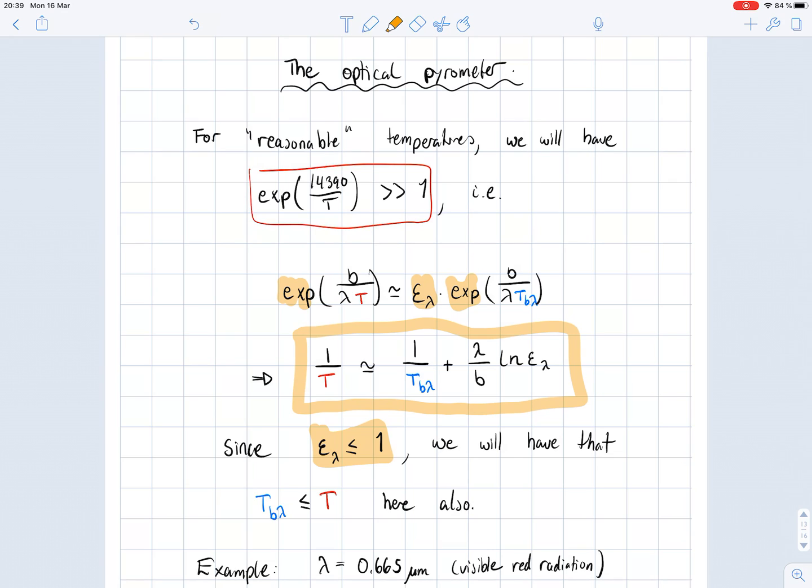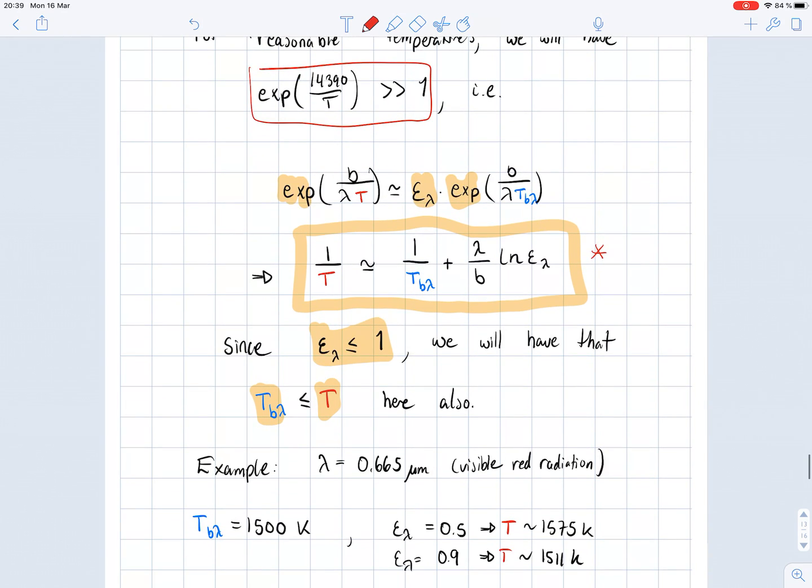And this will result in Tb lambda, so the temperature that we are reading off the instrument, again being smaller than the true temperature of the surface. Have a look at this one if you don't trust me, but it is the case.